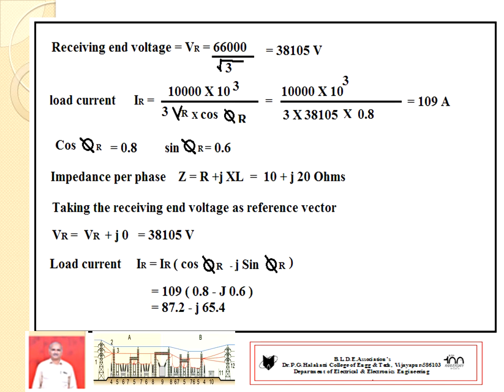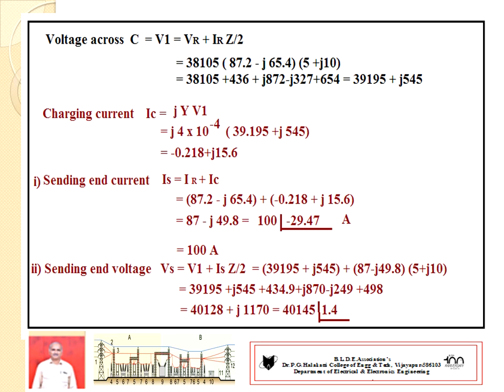So start the calculations. Taking the receiving end as reference vector, then you go for VR. VR, again it is phase voltage, VR plus j0, 38,105 volts. Then you go for load current in complex form, IR into cos phi r minus j sin phi r. You are going to get around 87.2 minus j65.4. So the voltage across capacitance, that should be equal to V1.